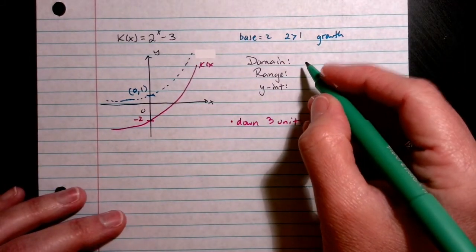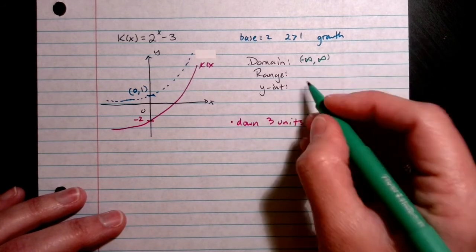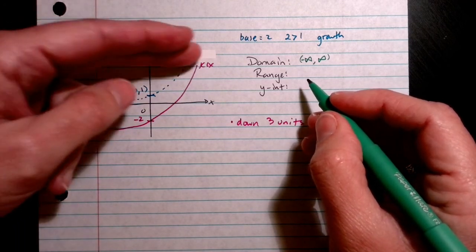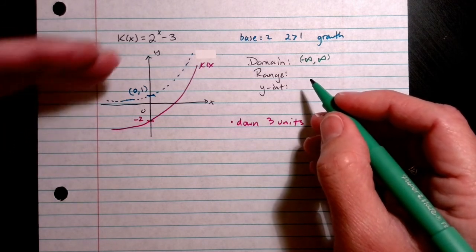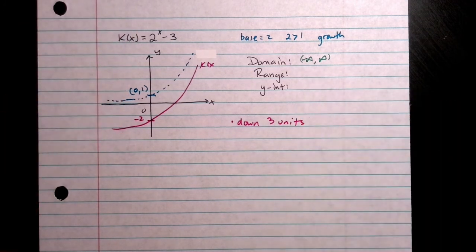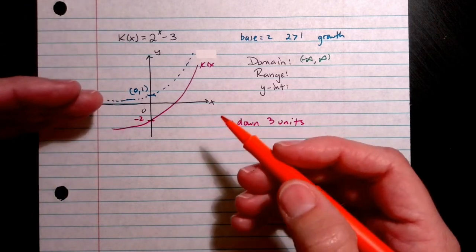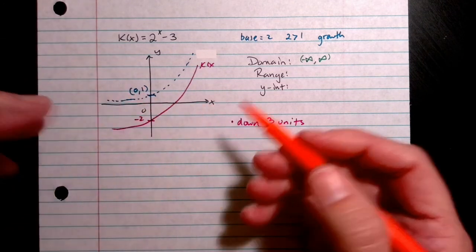Again, my domain is all real numbers. Now my range is interesting. My original function's range is 0 to positive infinity, but I've moved my graph. By moving it vertically, I've actually moved my range, and I've moved what it's asymptotic to.